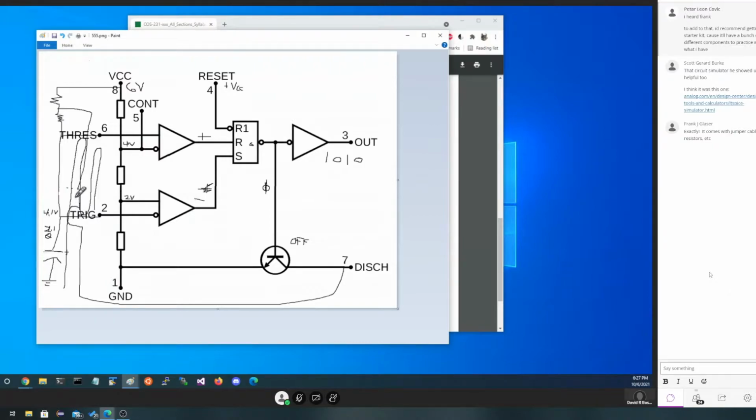Now notice, please, that when we charge the capacitor, we call this resistor A, RA. We call this other one resistor B. When we charge it, we're charging from VCC through both resistors.